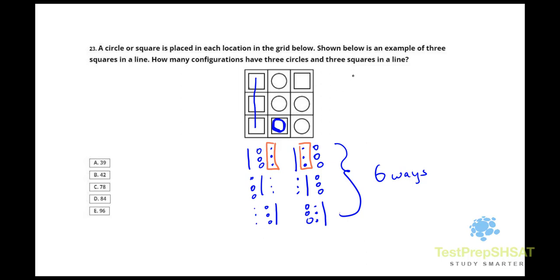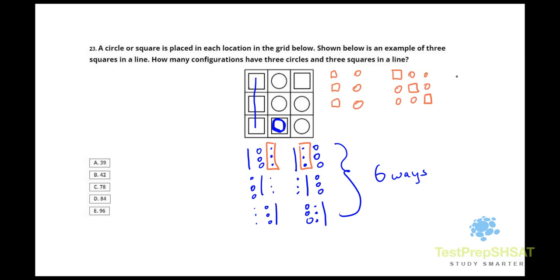If I had 0 circles, that would just be square, square, square. On the other extreme, if I had 3 circles, it would be circle, circle, circle. And then if it were, say, 1 square, it might look square, circle, circle. But I can arrange that a couple different ways. My square, if it's only 1 square, could be in the middle row or the bottom row.